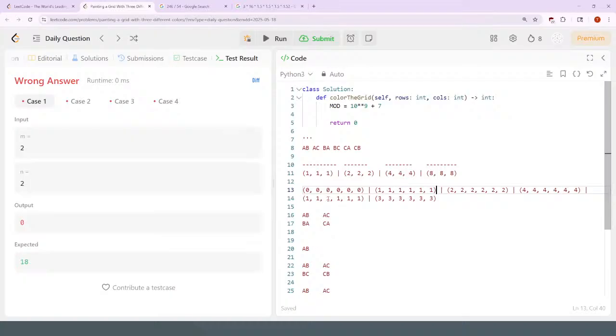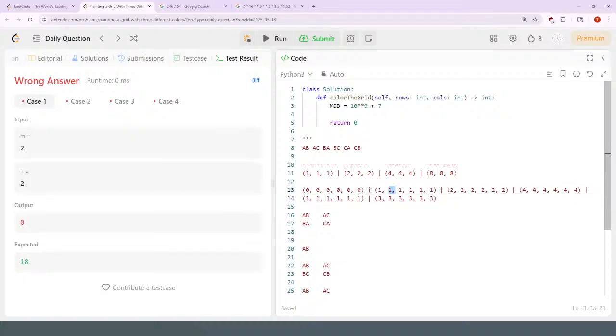Okay, so again, this thing needs to be an A in this spot, needs to be a B in this spot. So it has to be an A here. So then this thing has to be a BA or CA. So B here, then this could be BA here or BC here.